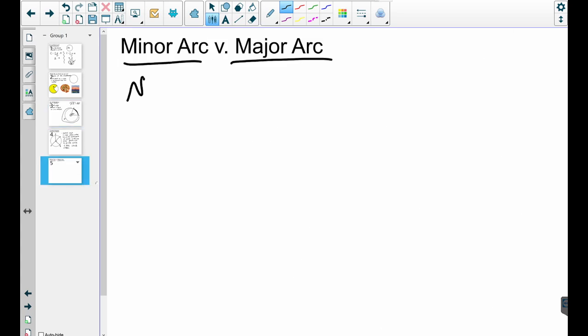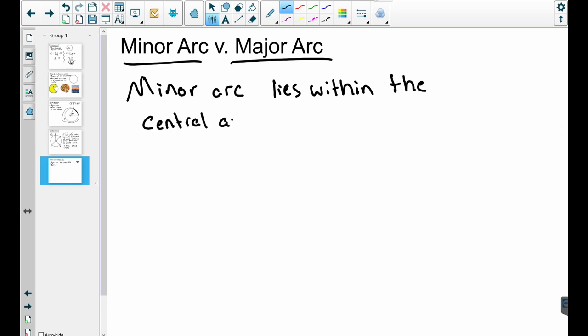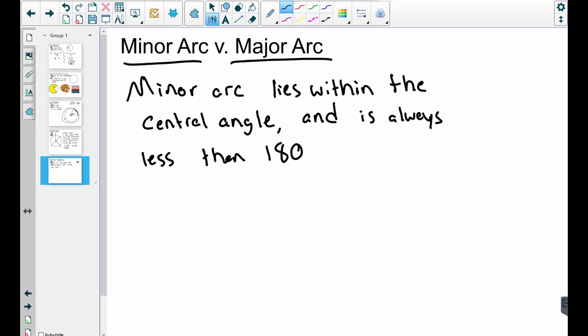So the minor arc lies within the central angle and is always less than 180 degrees. So that is minor arc.